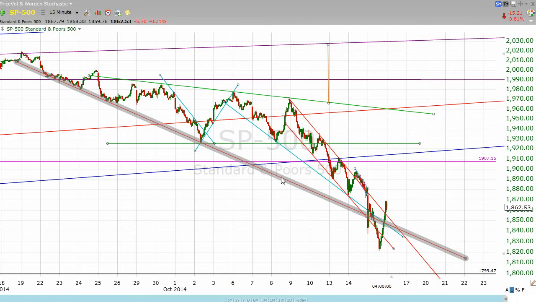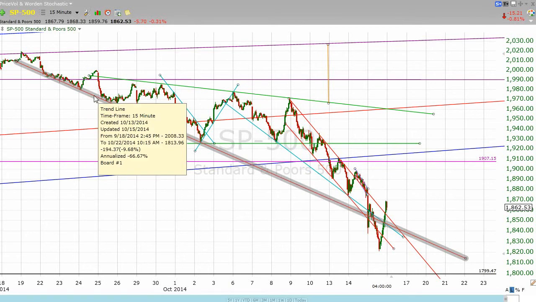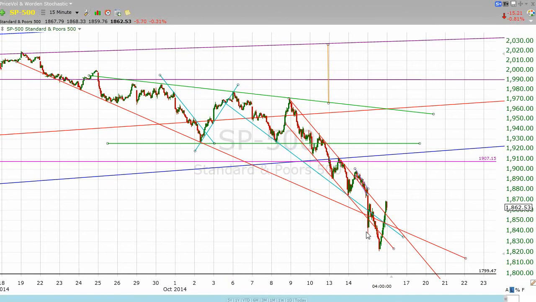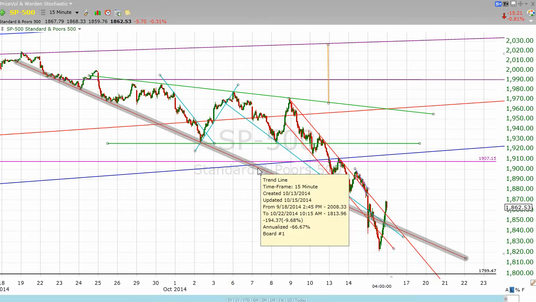First off, we had this line right here. Clearly, it was taken out at the open and again at the low of the day in the early afternoon. All right.